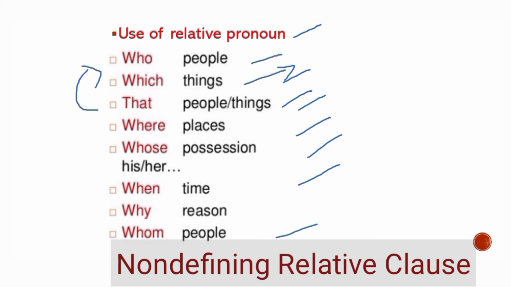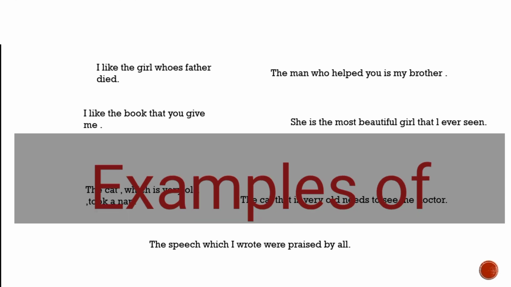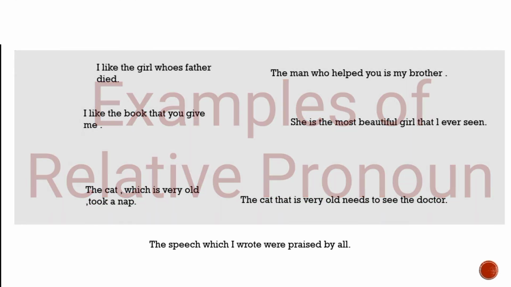Non-defining clause is always set off by commas, because it is not necessary in a sentence. If we remove this from the sentence, then our sentence is still complete. These are a few examples of relative pronoun.